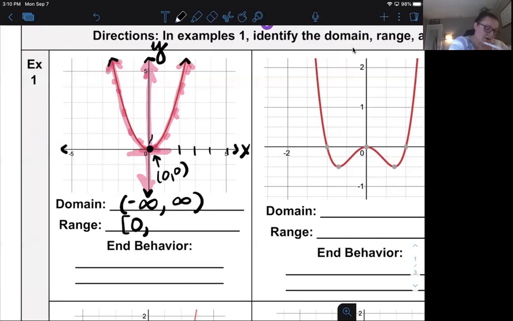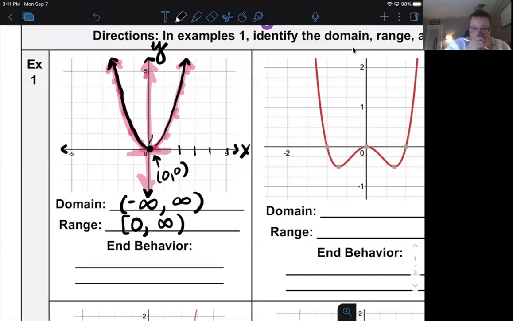Then all the y values continue to go up in the positive y direction, which means that we will extend to infinity for this graph. So for this graph, the range is 0 to infinity.